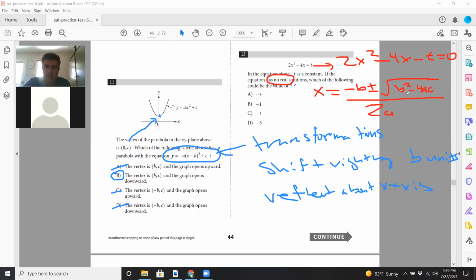When that is negative, you have imaginary solutions, because then you're square rooting a negative number. That means the solutions are not real. So b squared minus 4ac must be less than 0.